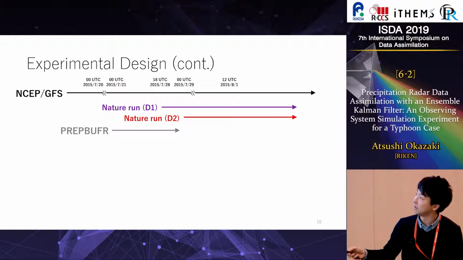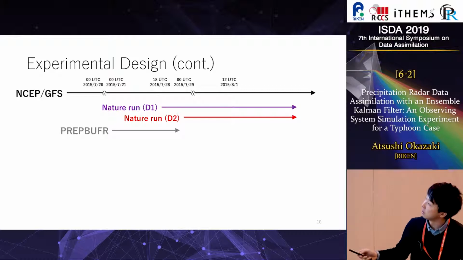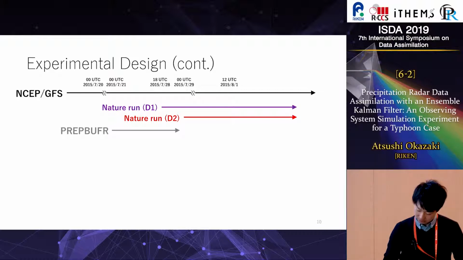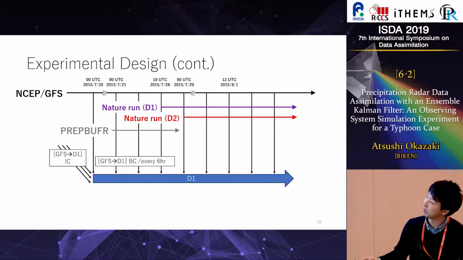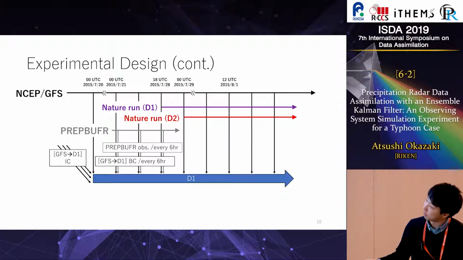And the nature run for domain 2 starts from July 27th. The experiment starts from July 20, and the initial conditions are taken from an arbitrary date of NCEP GFS. Up until July 28th, the real prep buffer is assumed for domain 1.